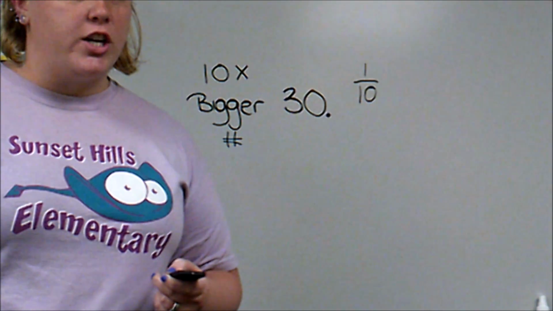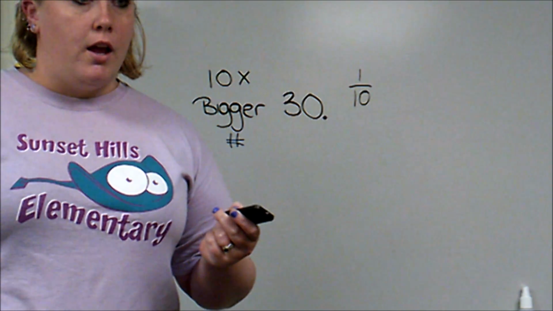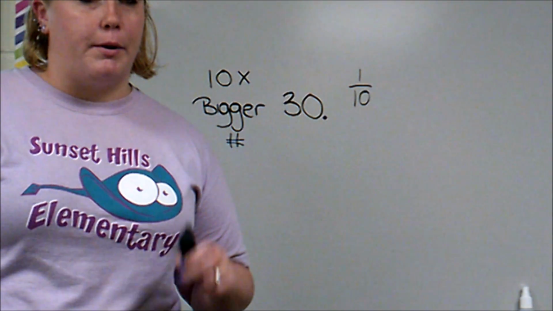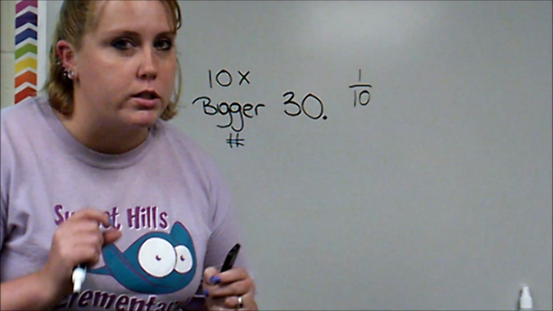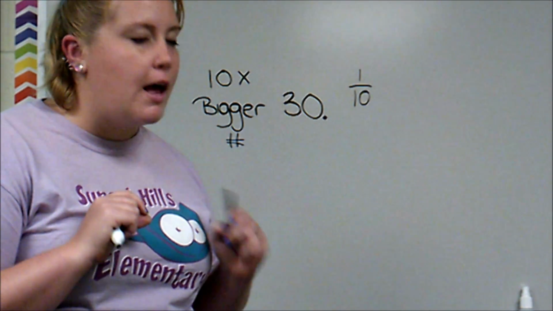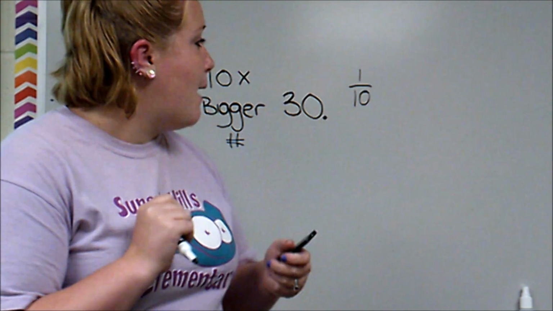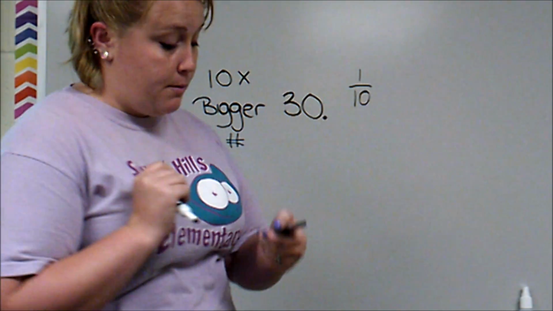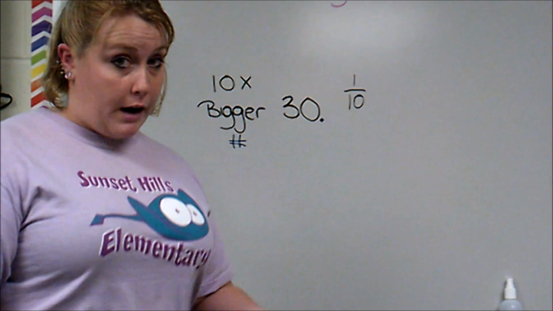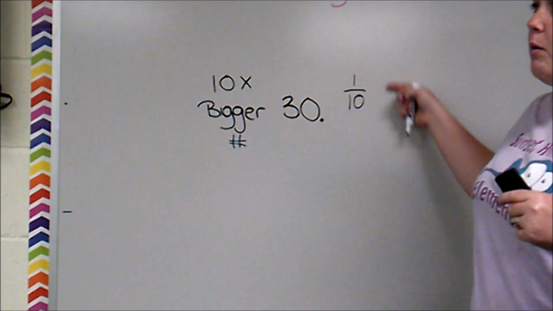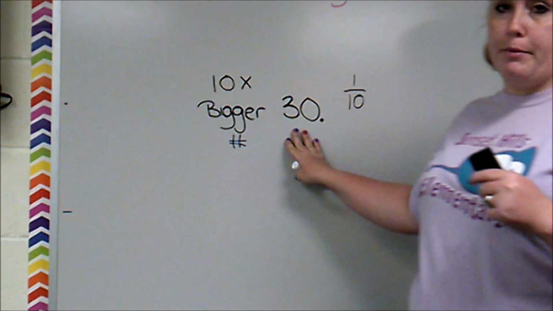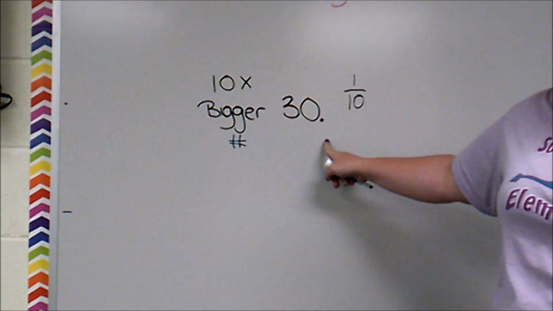Not only is it a fraction, I know that a fraction is less than a whole number. It's less than 1, right? It's a part of something. It's a piece of a pie. It's a part of a cookie. It's something that's been cut up and is represented by a numerator and a denominator, correct? Because I'm looking at 1/10 of a number, of my number 30, with my invisible decimal behind it, right?